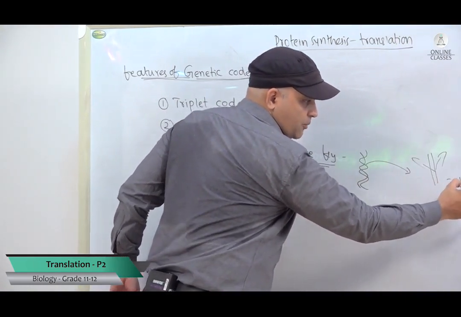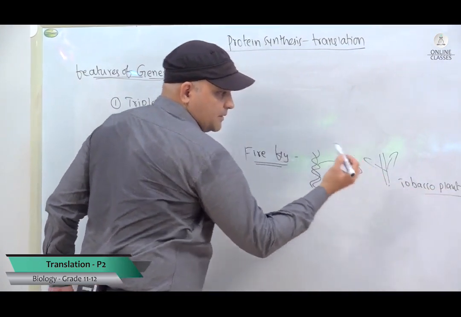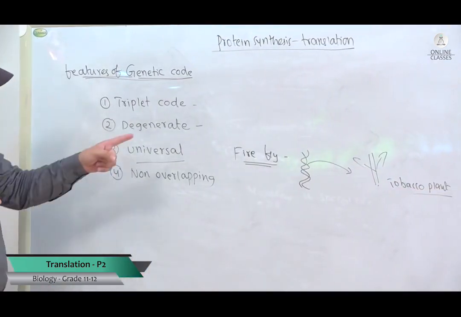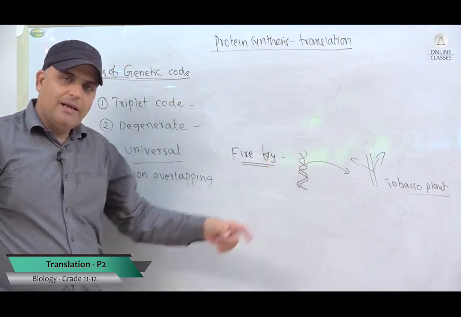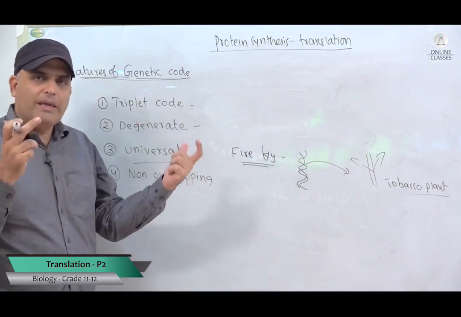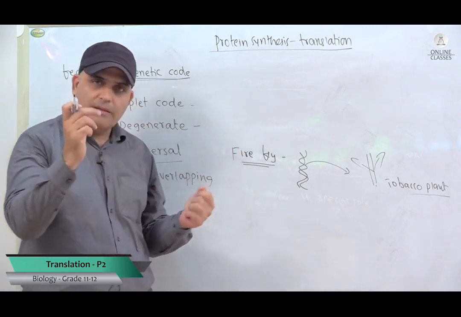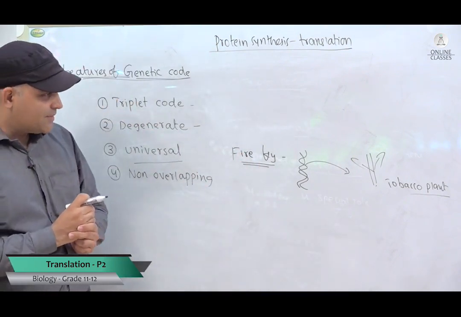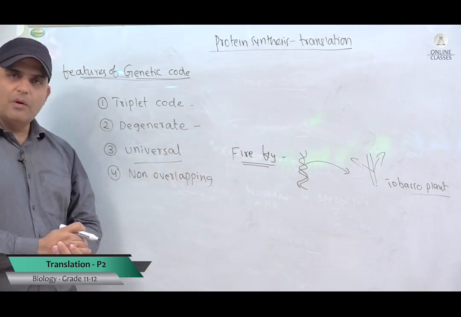A tobacco plant. Guess what happened? This firefly gene was expressed in the tobacco plant, and you had the tobacco plant glowing in the dark. It's very interesting that you have a plant glowing in the dark. So you might say we can keep these plants in front of our house and see them glowing in the dark.